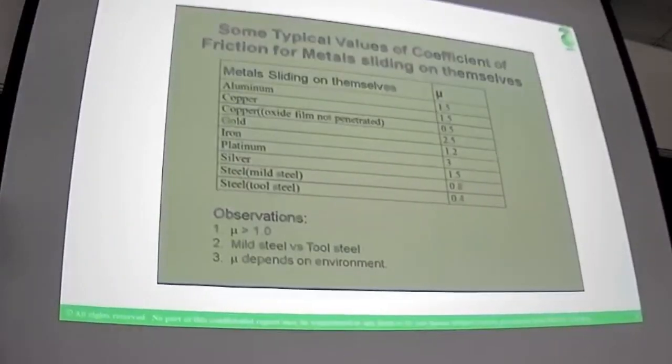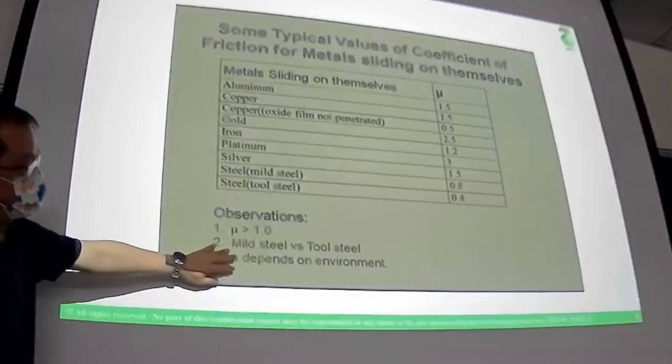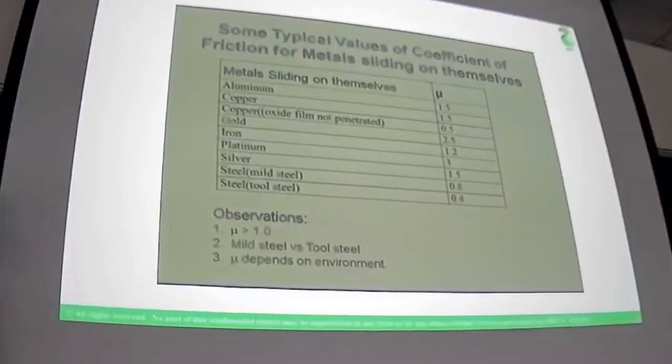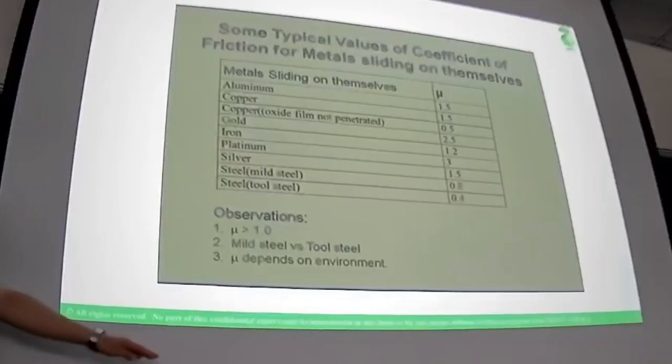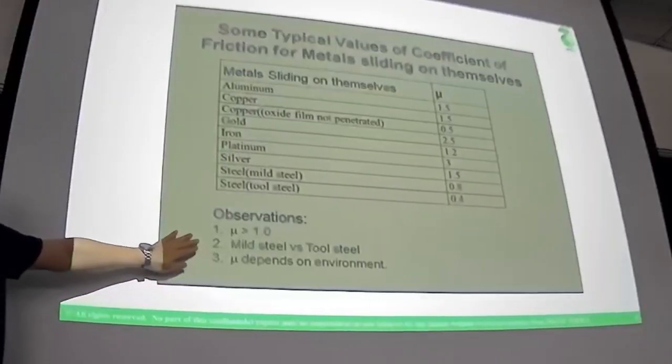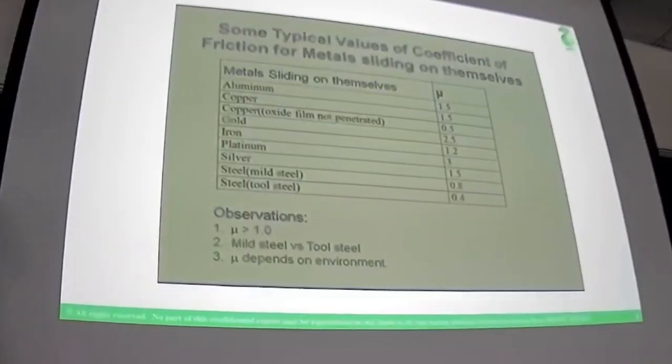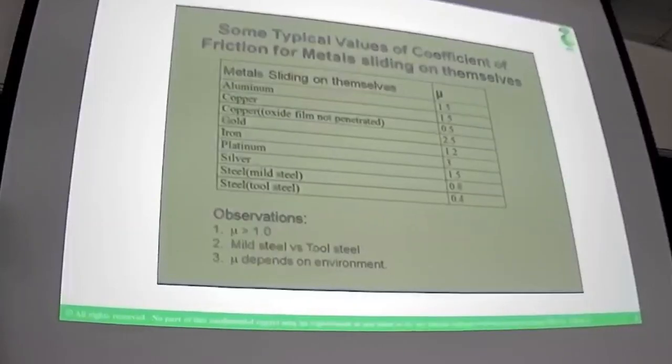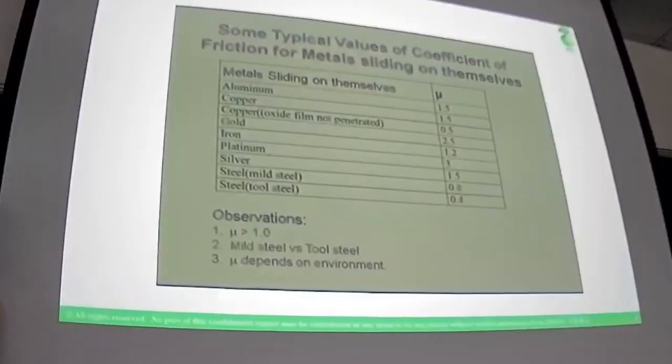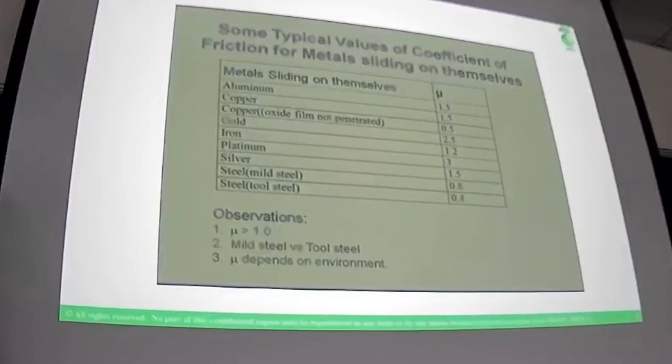And also the coefficient of friction depends on the environment. One thing we didn't mention is the temperature and the humidity. It's important. The coefficient of friction will vary depending on the humidity and temperature.